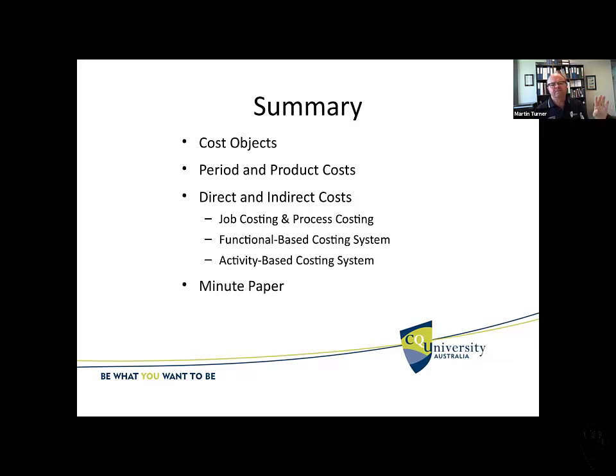Activity-based costing systems are where we come up with the cost of an activity. And then as products use that activity, we allocate it. It's a bit like you might have an activity called restating financial statements, as someone suggested in their minute paper. And that might be an activity that's used by a number of different clients or a number of different jobs. You might have a job costing approach.